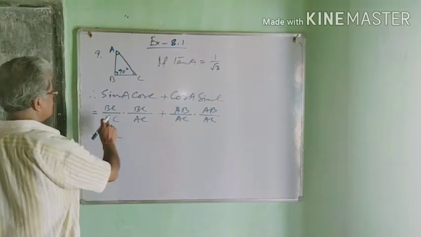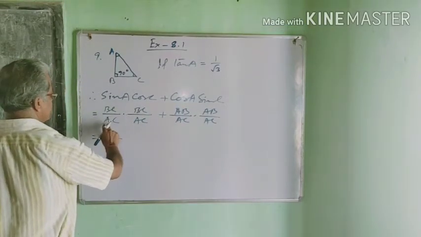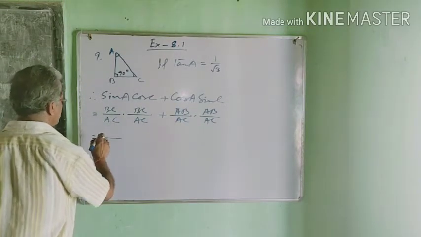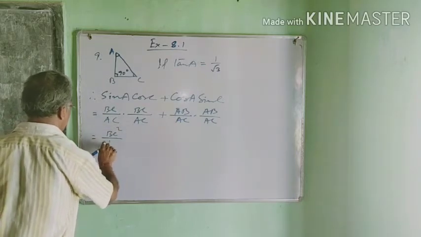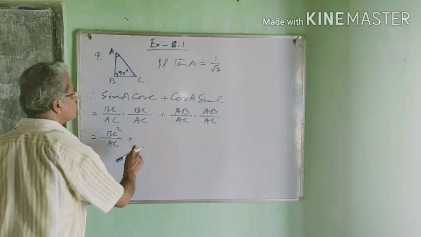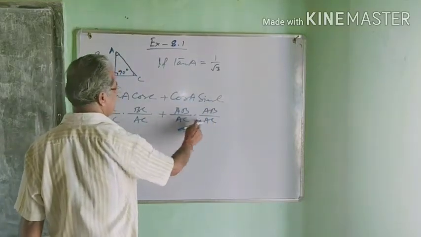So what we get? BC into BC by AC into AC, BC square by AC square, plus AB square by AC square.